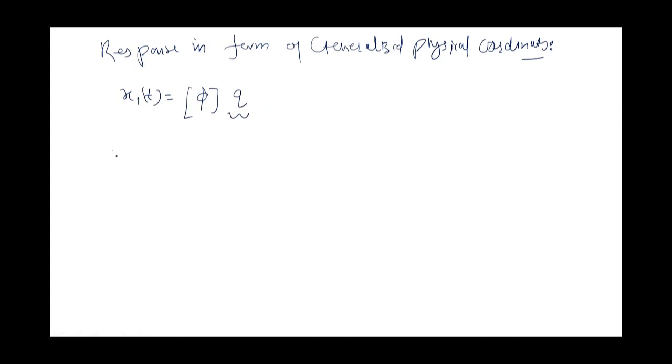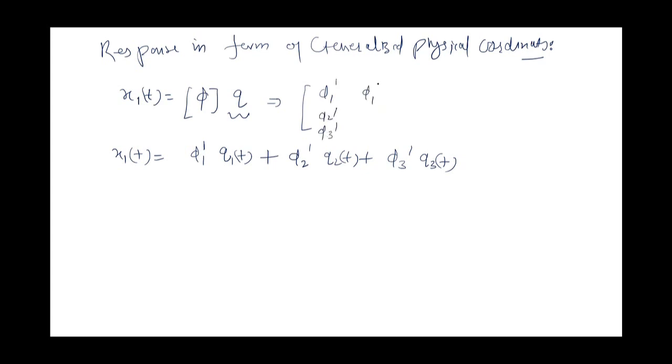So x1(t) can be written as phi 11 multiplied by q1(t) plus phi 12 multiplied by q2(t) plus phi 13 q3(t), because the modal matrix has first mode shape phi 11, phi 21, phi 31, second phi 12, phi 22, phi 32, and third mode shape phi 13, phi 23, phi 33, and this is the vector q1(t), q2(t) and q3(t).